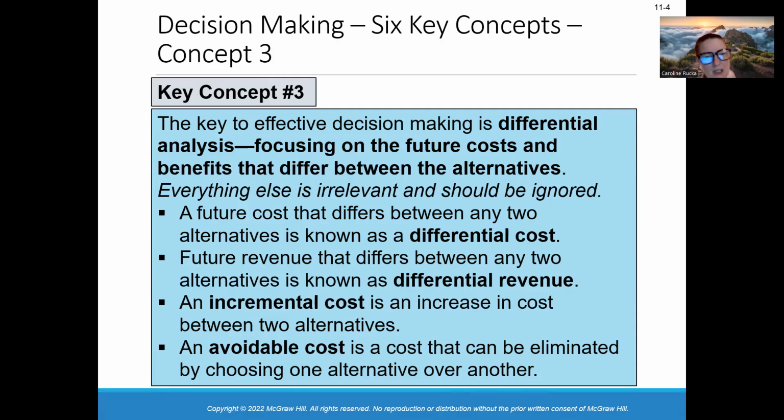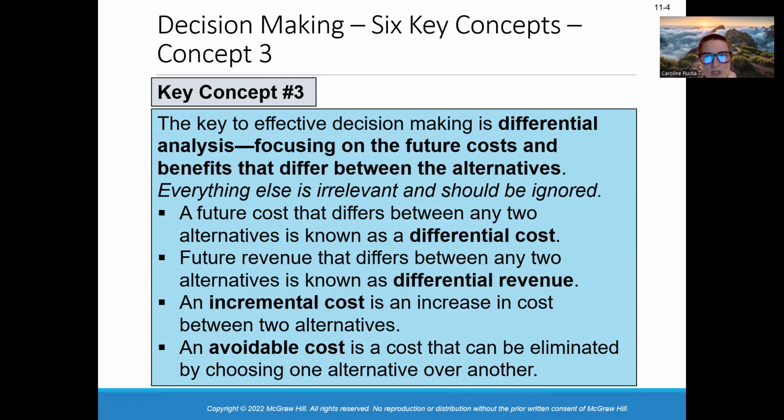Remember our vocabulary. Any cost that's different between two alternatives is known as a differential cost. And any revenue that's different between the two alternatives is called differential revenue.